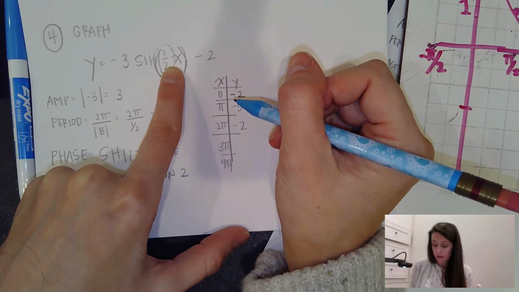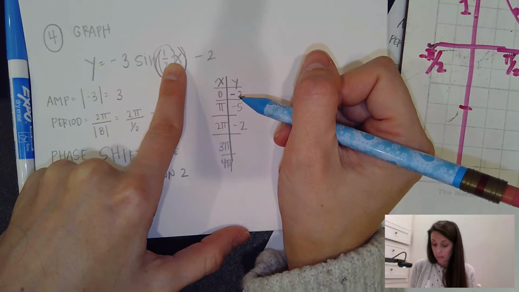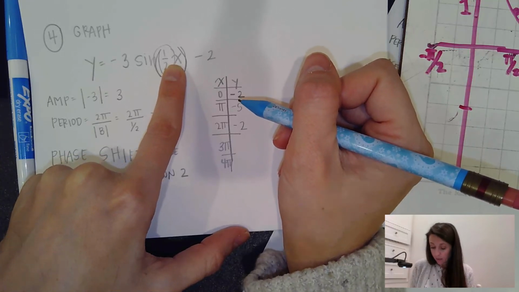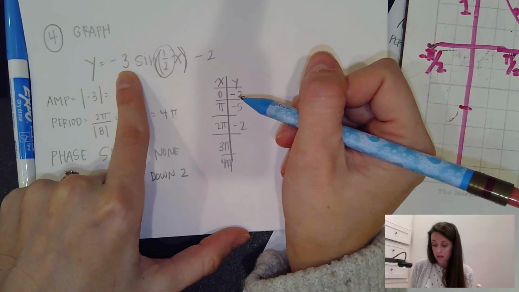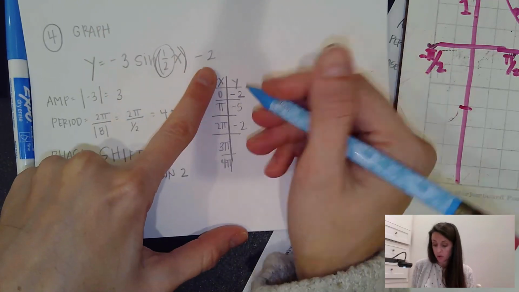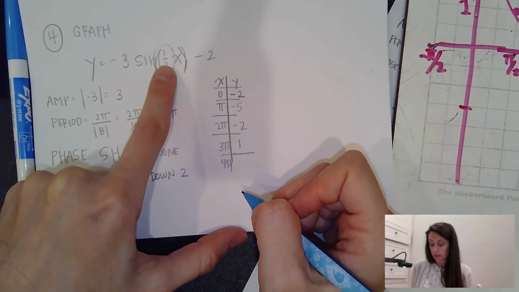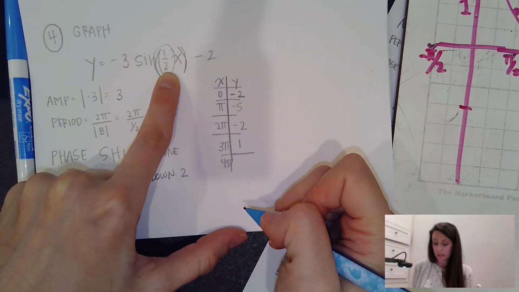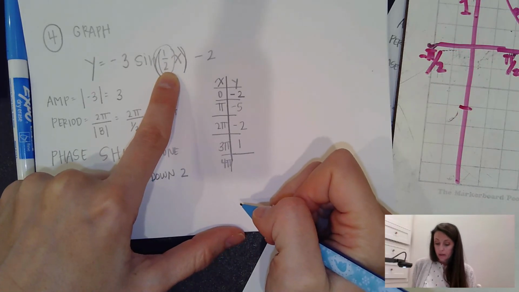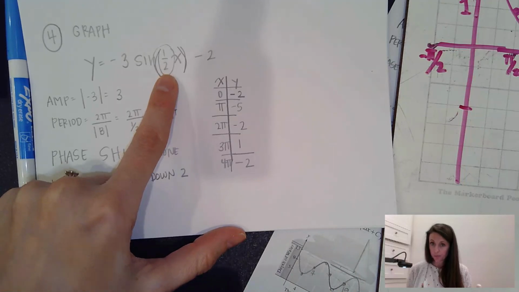Sine of 3 pi over 2 is a negative 1. Negative 1 times negative 3 is a positive 3. 3 minus 2 is a 1. And then when you plug this in there, 4 pi over 2, so that's going to be sine of 2 pi. So sine of 2 pi is going to be back at a negative 2.